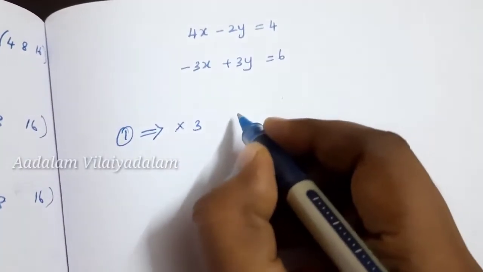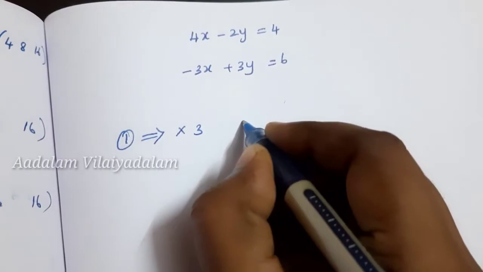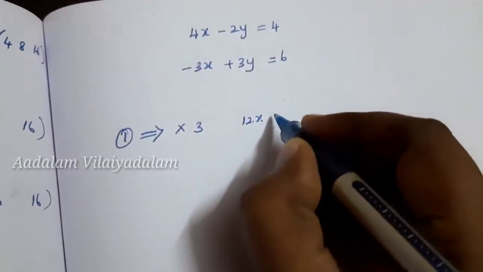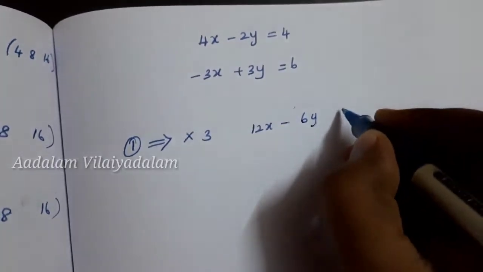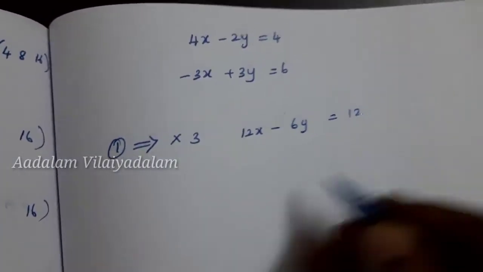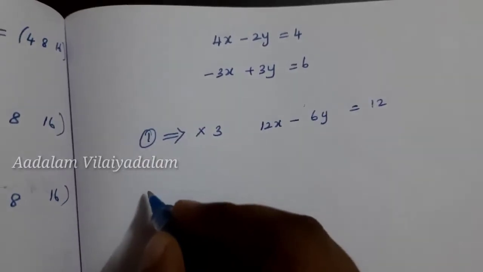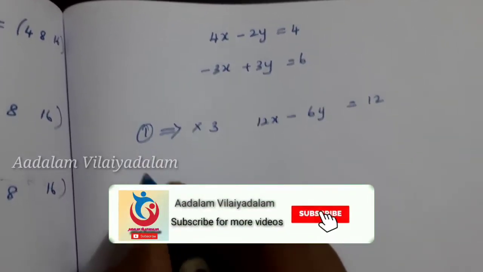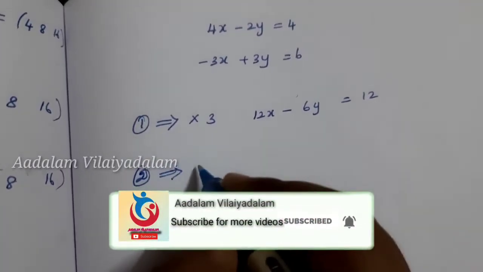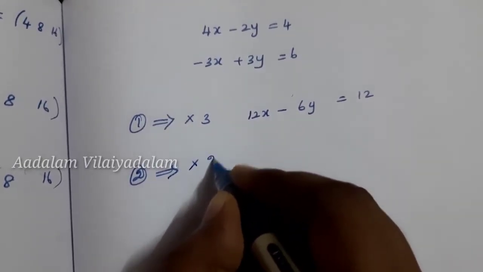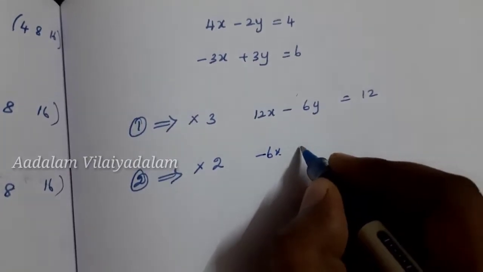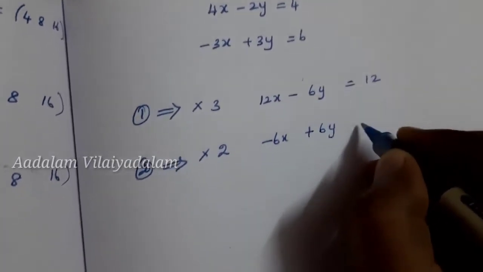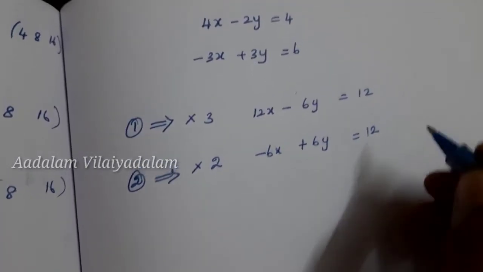Then we get 4 3s are 12x minus 2 3s are 6y, then 4 3s are 12. The same procedure we follow, but for the second equation, let us multiply with 2. Then we get minus 6x plus 6y equal to 12.